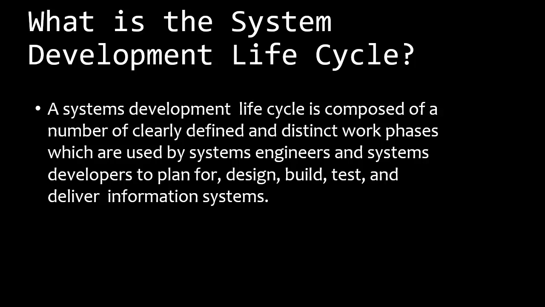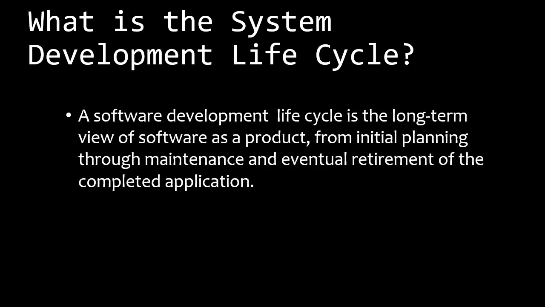If you notice the plan for, design, build, test, and deliver, those are really what we're trying to do. It doesn't get any more difficult than this. There's nothing earth-shattering about the system development lifecycle. It's steps to get us where we need to get to as successfully, on budget, and so on. All right, let's look at another one.